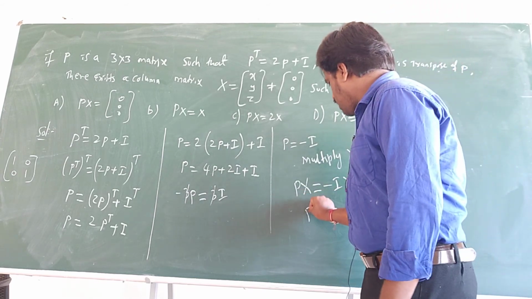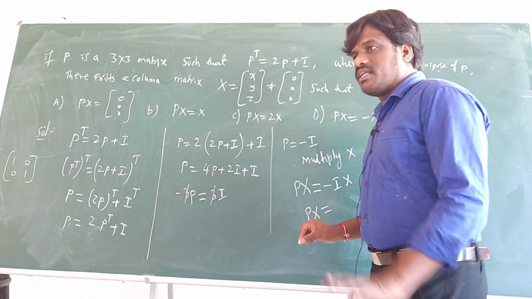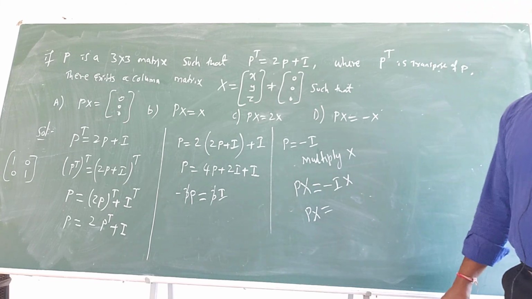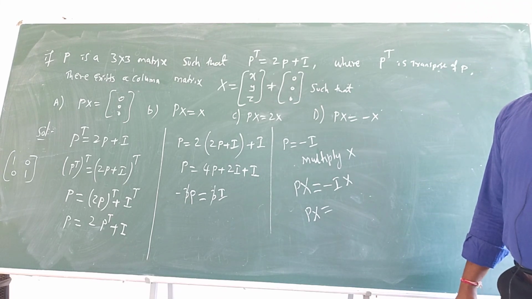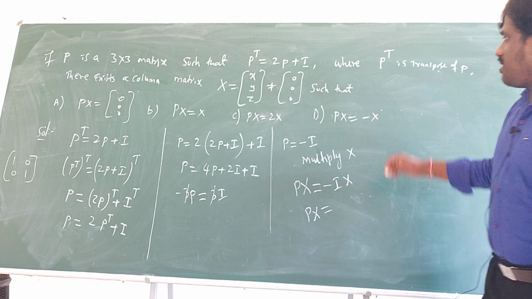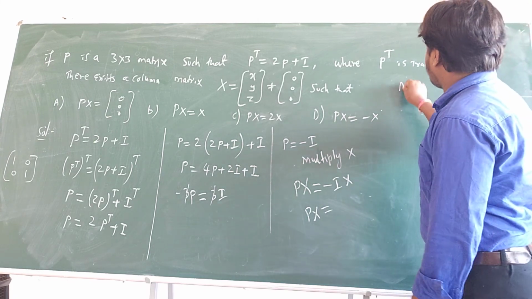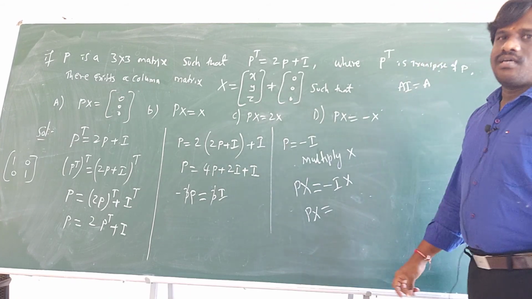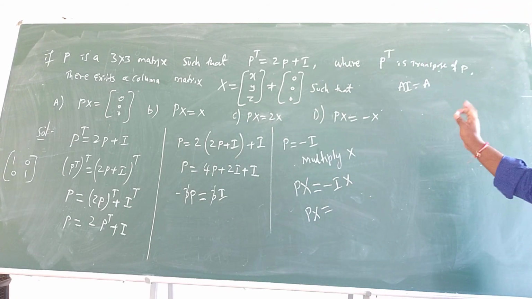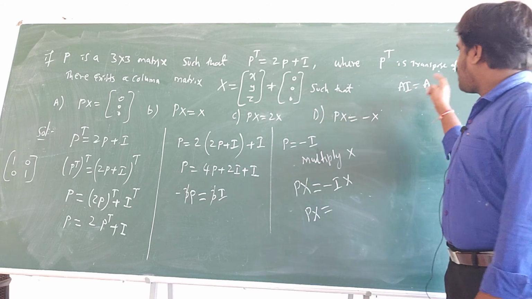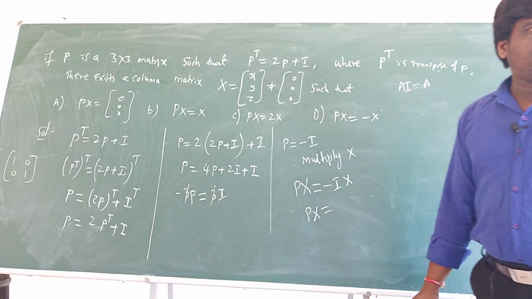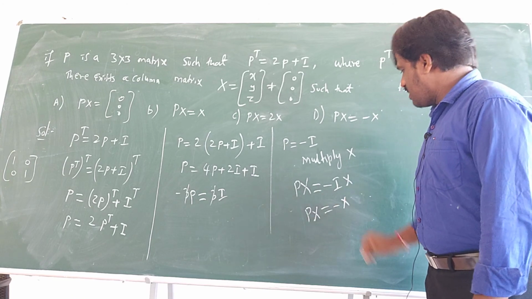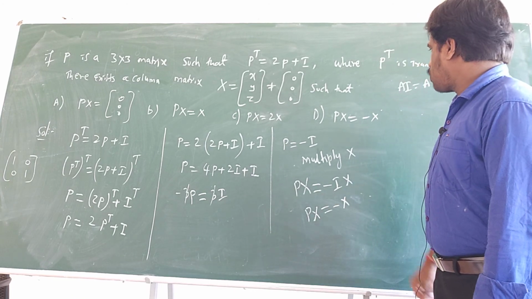See, P into x, we don't know, Px only we can write. I into x. See, any matrix, if you multiply with I, you get the same matrix. I will explain the properties right now. So A into I is equal to how much you get? A. So I into x, I get how much? Minus x. So, D.